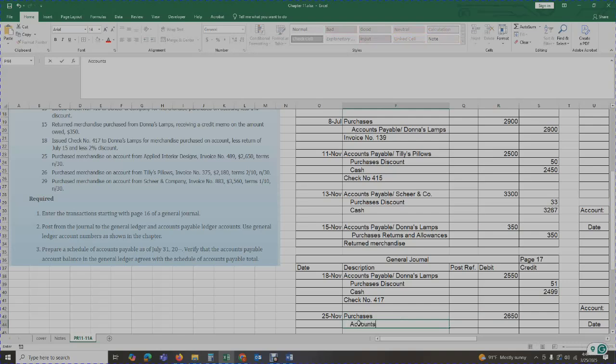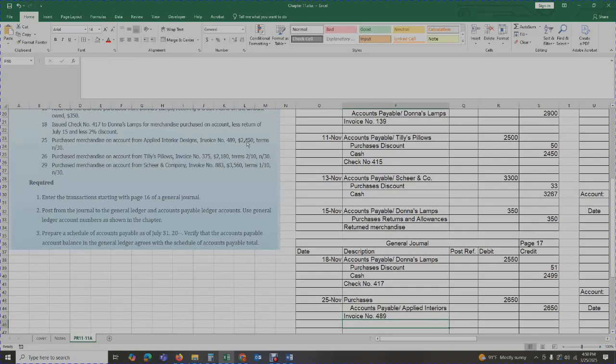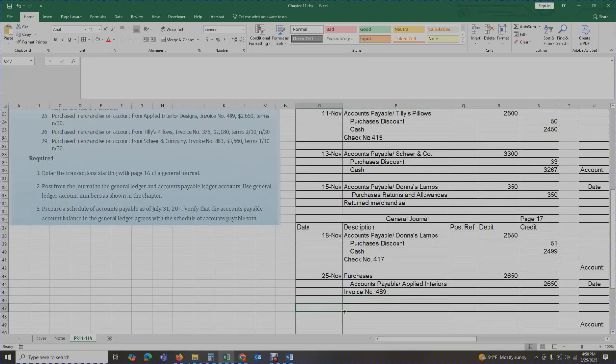That means that's going to be our accounts payable. In this case, it is going to be for Applied Interiors, for $2,650. And this is for invoice number 489. We have no discount offered. They're just letting you know that you have to pay within 30 days. So that happened on the 25th.